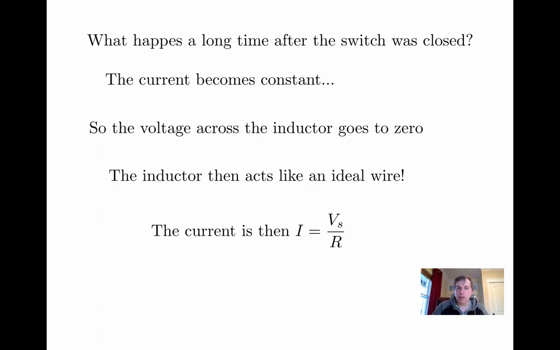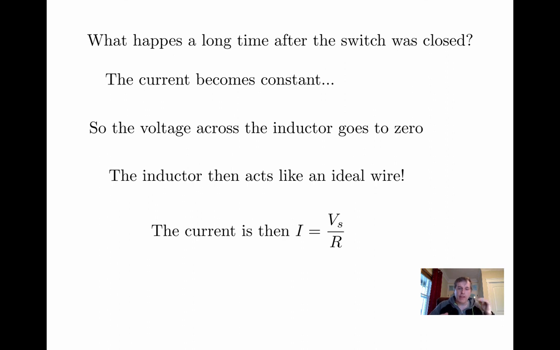So just to summarize, just when you close the switch, the inductor stops all the current. At t equals 0, when the switch has just been closed, the current is 0. After a very, very long time, there's no voltage across the inductor anymore, and the current reaches Vs over R. This is also what we had when there was no inductor.